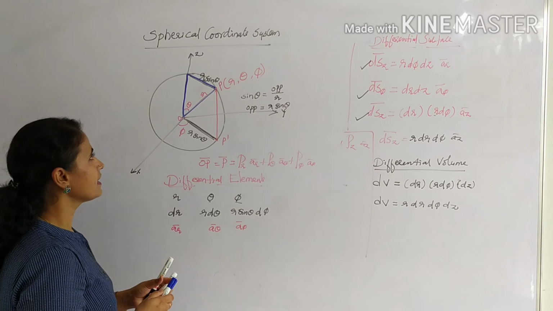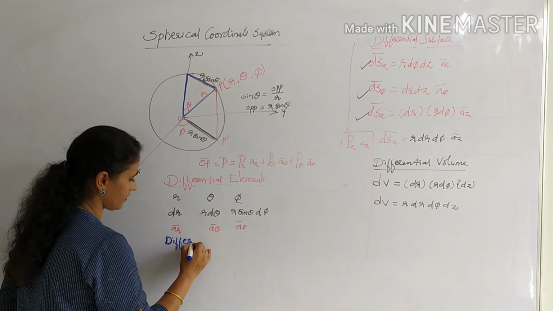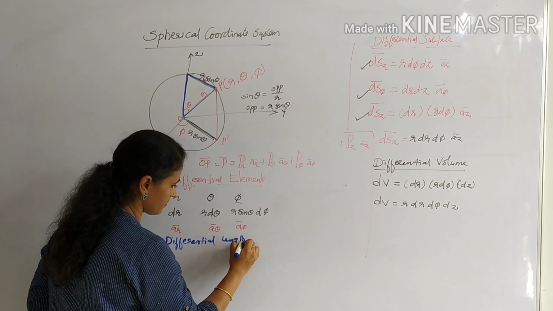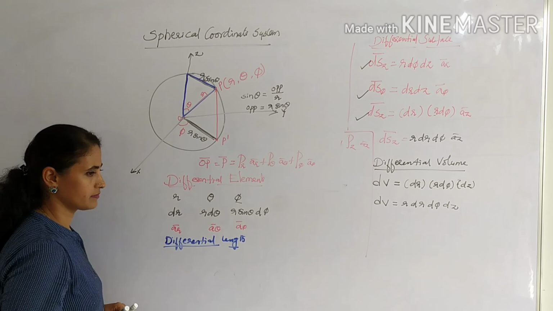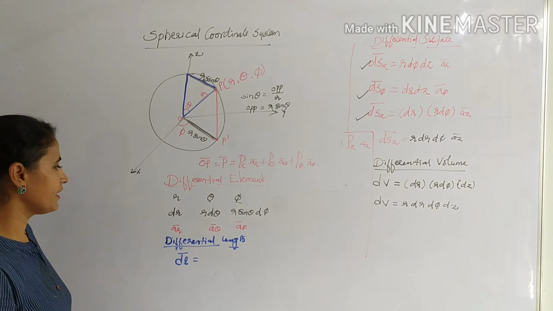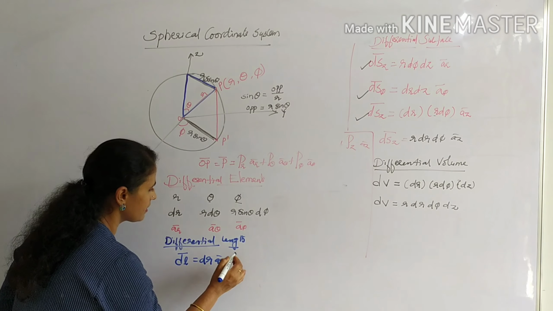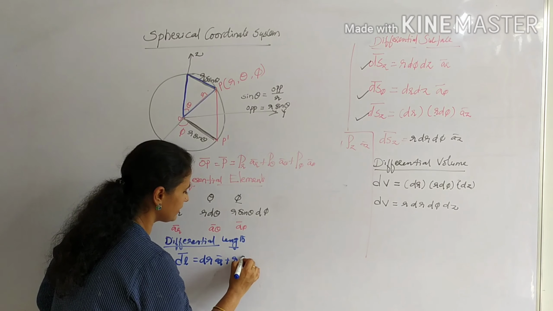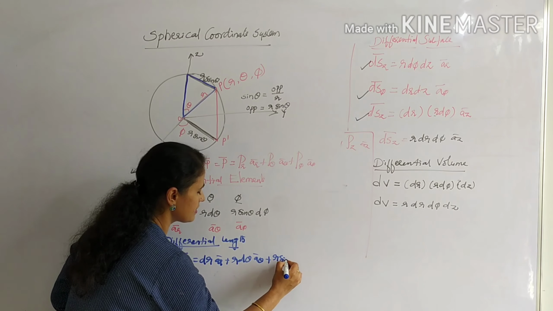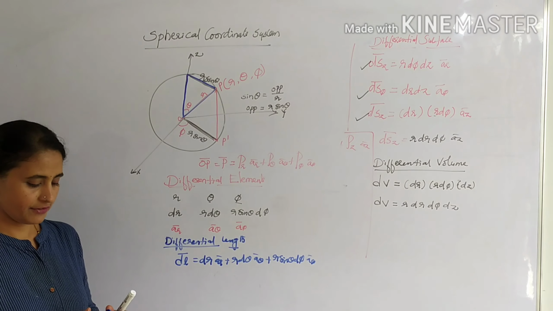The first one is differential length, dl bar, which is given by dr ar plus r d theta a theta plus r sine theta d phi a phi. This is differential length.